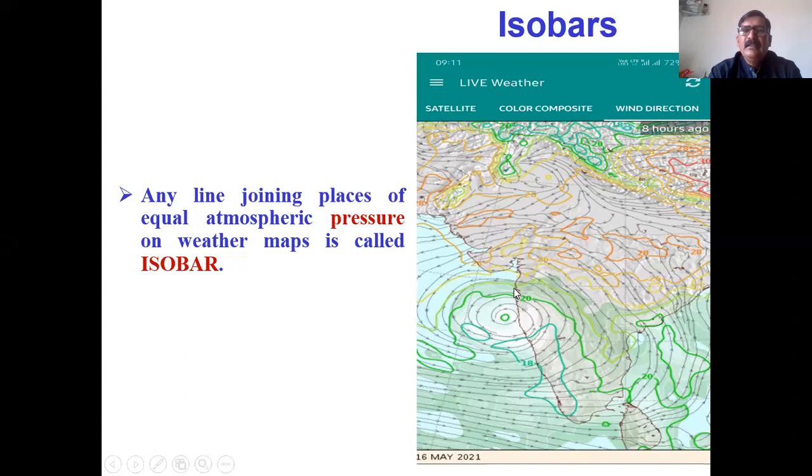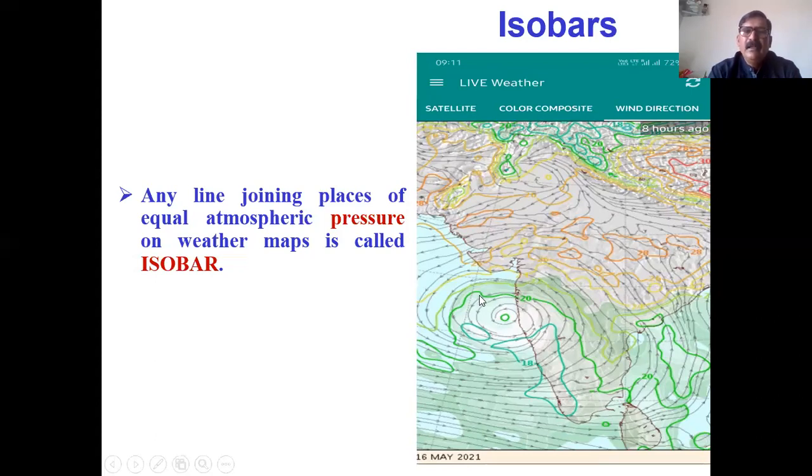All these lines are red lines for the temperature, then black lines for the wind speed. So this shows lines on the meteorological map, that is, any line joining places of equal value.